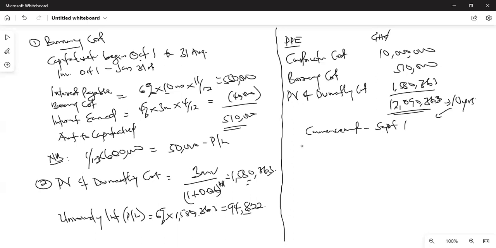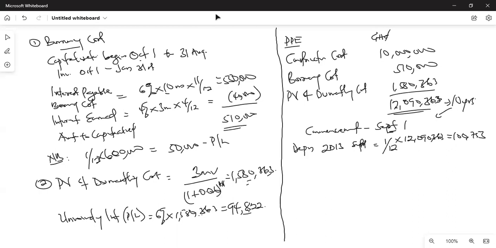So if we are going to start our depreciation for September 2013, we do 1 month out of the 12 months and multiply by the figure we have here, which gives us 100,753.